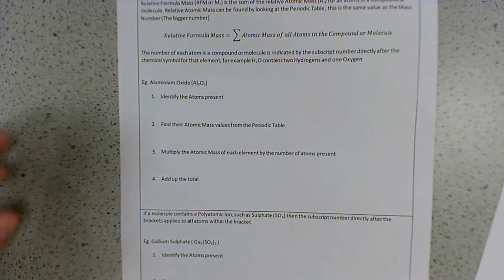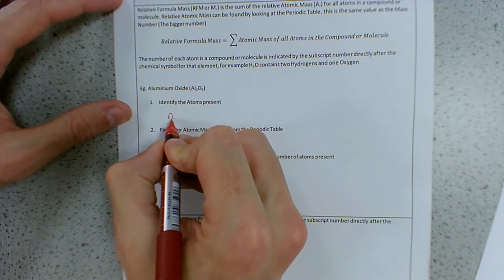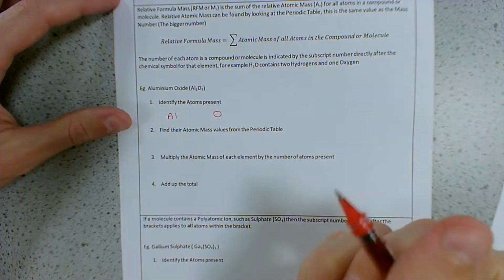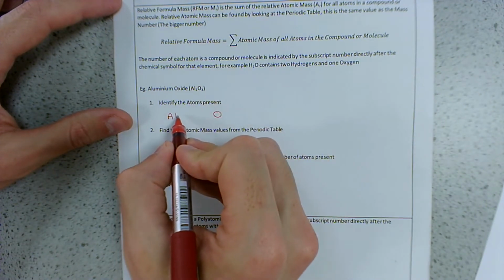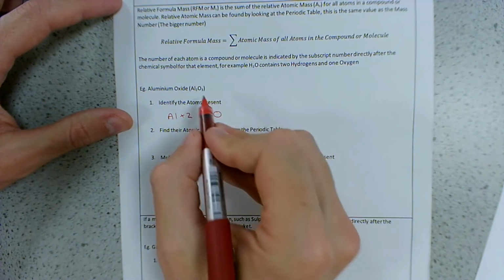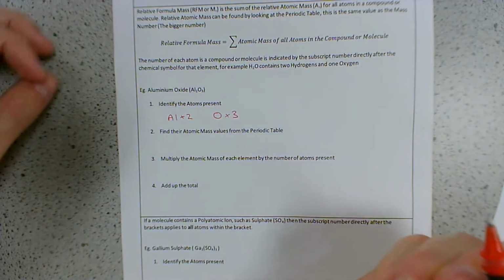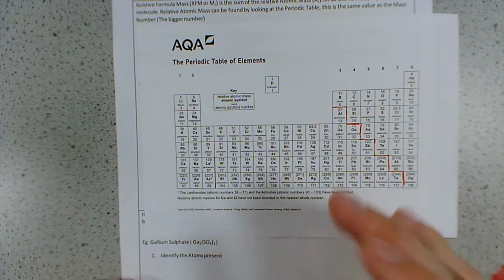So the first thing to do is identify the atoms present. Well, here I've got aluminium and I've got oxygen. And using the little numbers, we can see that I've got 2 aluminiums and I've got 3 oxygens. The second thing we want to do is find their atomic mass values from the periodic table. Now, on the periodic table, you are given 2 bits of information for each element.